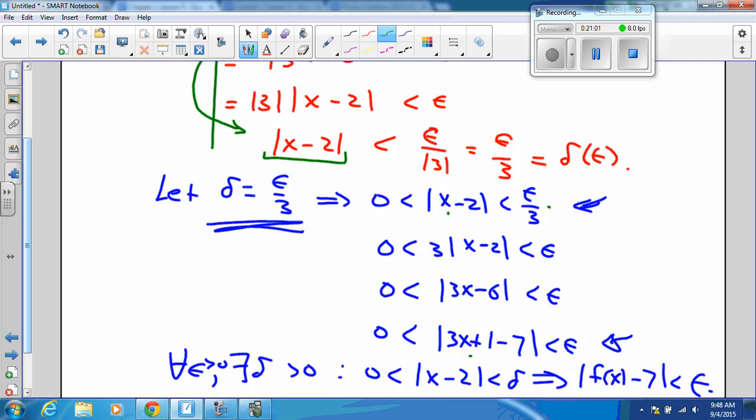If this game seems to you like it's fairly detailed and like you wouldn't want to do it for hard functions, you're exactly right. We are going to play the delta epsilon game only in circumstances where we have no other limit properties, no other limit rules. Currently, we have no limit rules to work with, and so our only option is to play this game.